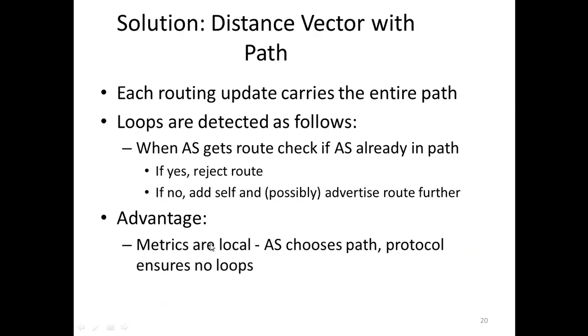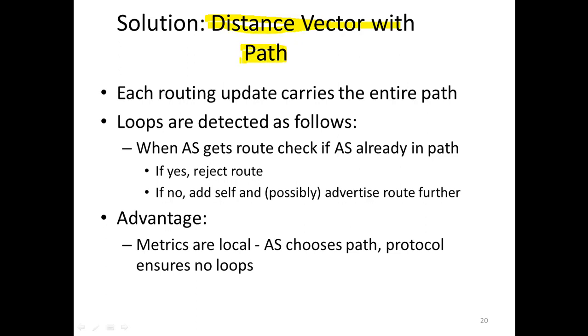So the solution is to merge both of these. You apply distance vector routing, but with a directed path. You cannot show or forward your information along an undirected path. For that you should find a solution that is distance vector routing with the path.